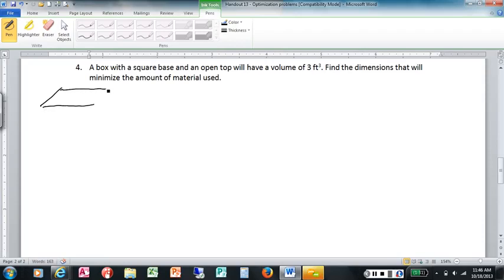So there's my top. So the base and the top is square. And so that means these dimensions are, all right, these dimensions are on the base, so it's going to come back here, and so forth.